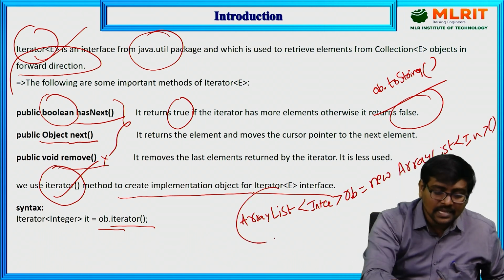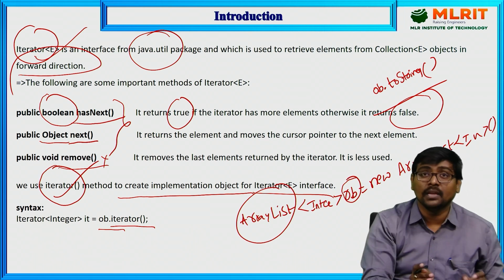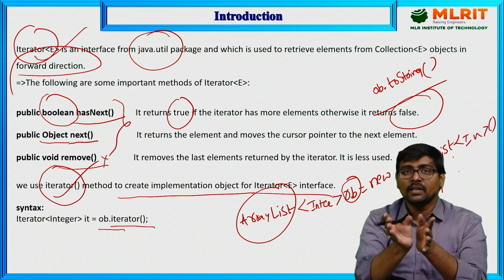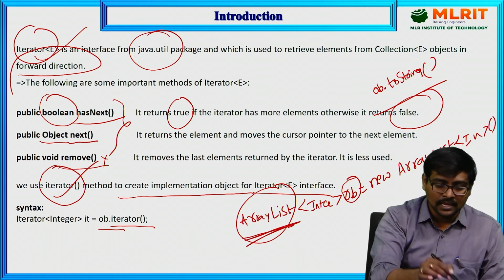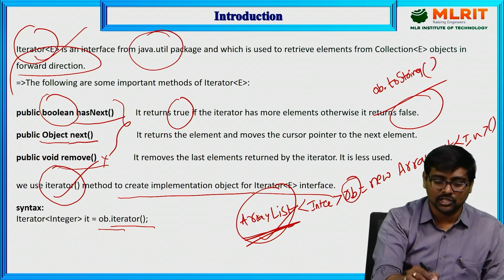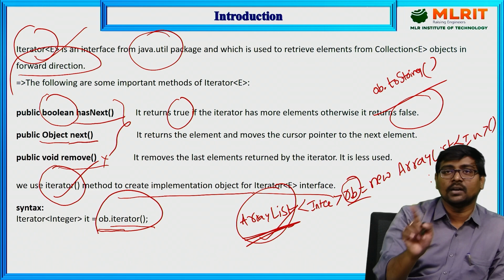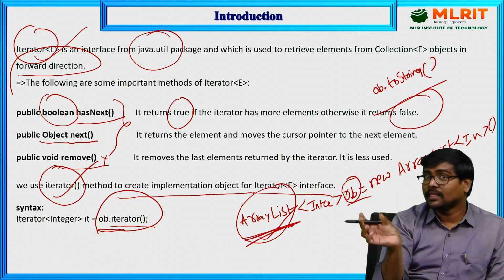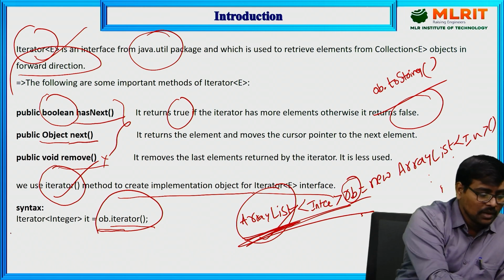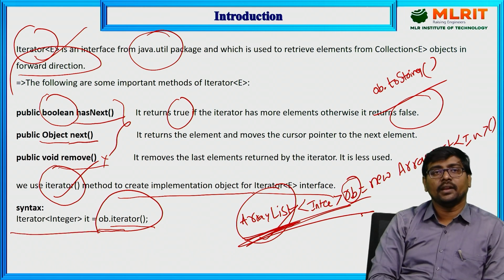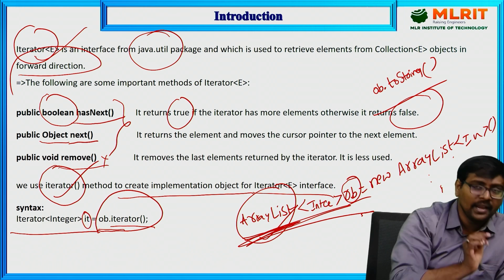This is a collection, and the object is OB. Now, to traverse the elements in this collection, we use OB.iterator. You got the point? The iterator method is applied on this collection. This belongs to the Iterator interface. Now an Iterator object is created, IT.